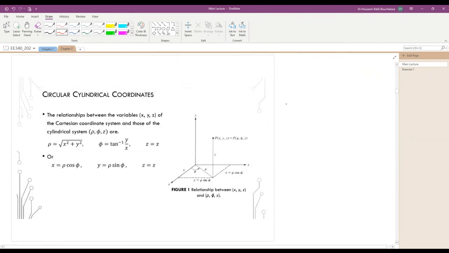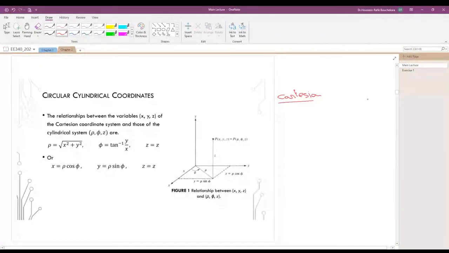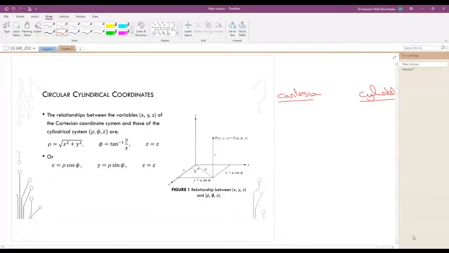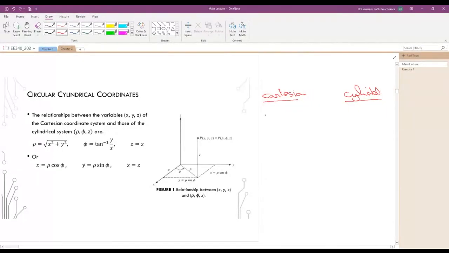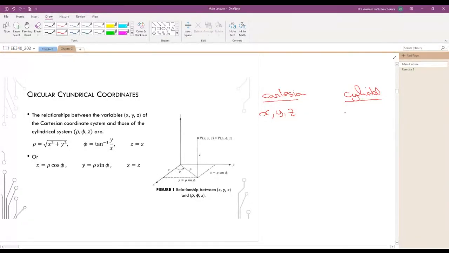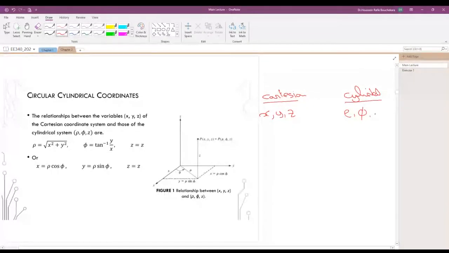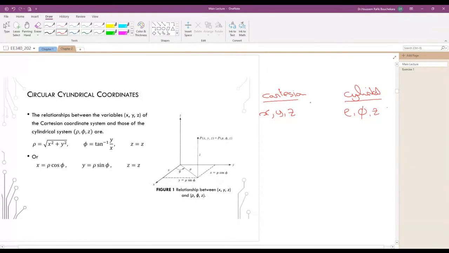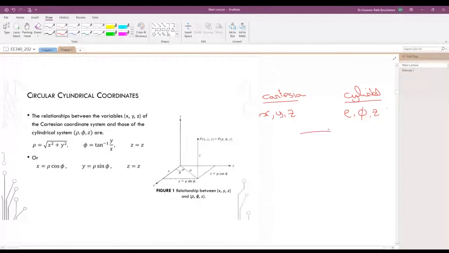Now pay attention, guys, to how we move from the Cartesian coordinate system to the cylindrical coordinate system. For the Cartesian coordinate system, what do I have? I have x, y and z, and here we have rho, phi and z. First, how do we move from the Cartesian to the cylindrical?